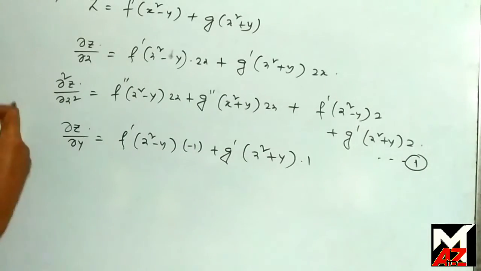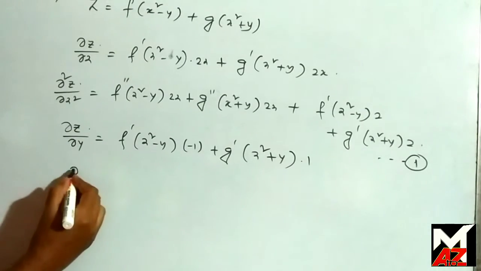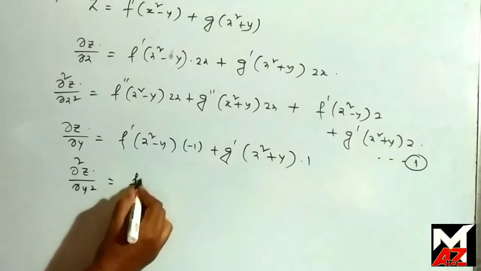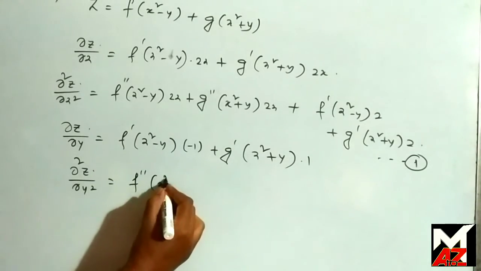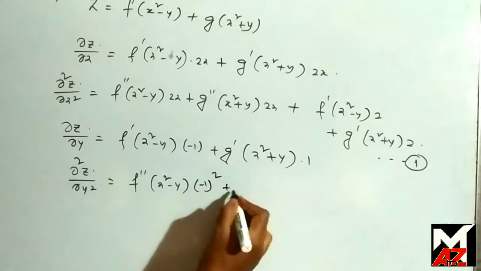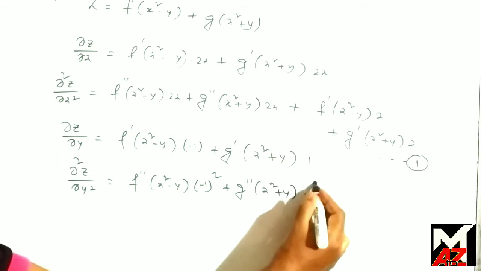Again differentiate partially with respect to y. Del 2z by del y2 is equal to f double dash (x square minus y) into (minus 1) whole square plus g double dash (x square plus y) into 1 square.